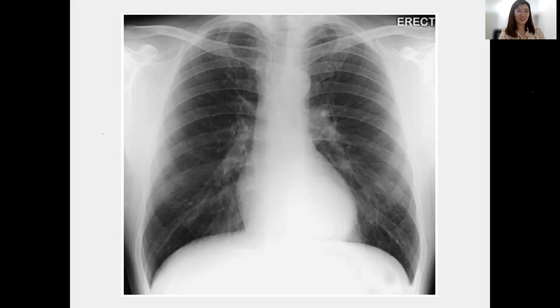Anyone else? Okay, somebody said end-on vessel. Anyone else? I already showed the end-on vessel just now. Hyperinflated? Hyperinflated is normal. Okay, air bronchogram on the left.